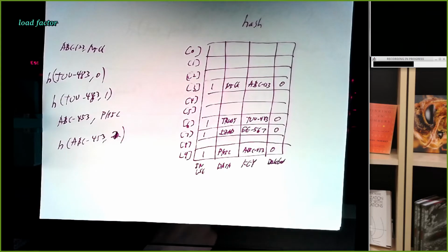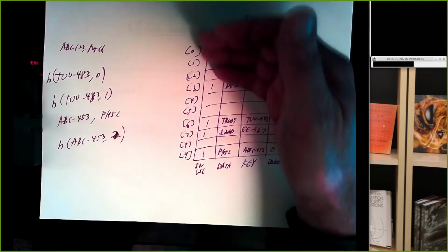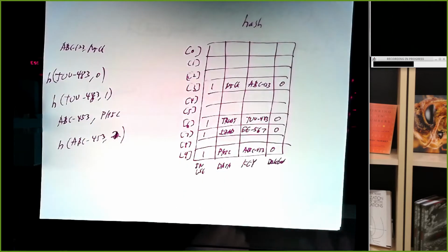And so we can talk about the load factor, which is basically how much of our array is in use. If our array can hold 1,000 entries, and we've got 350 of them in use, our load factor is 35%, or 0.35.